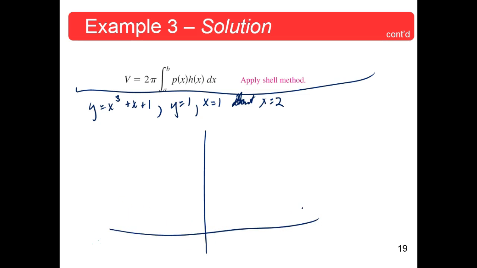So here's your axis, and y equal x cubed plus x plus 1. There's 1, 2, 3, 4. Okay. 1, 2. Okay.